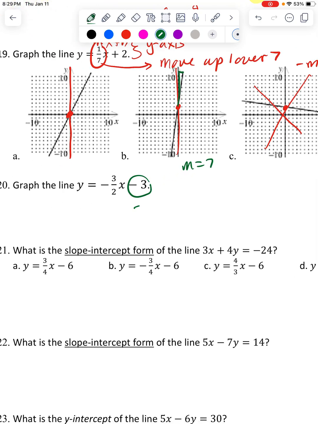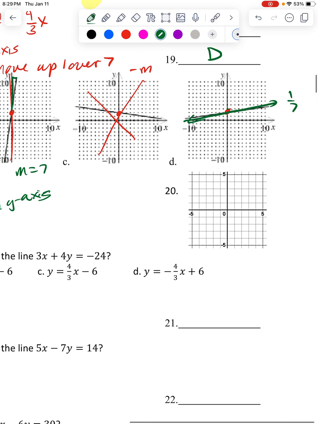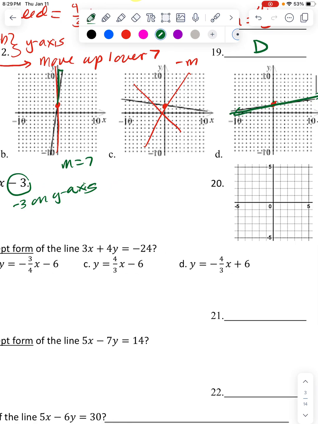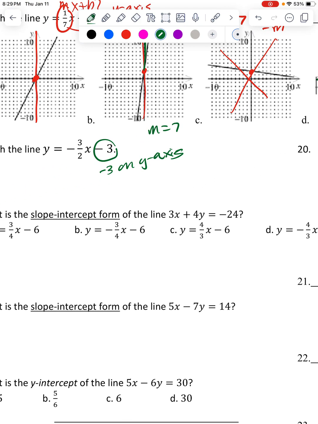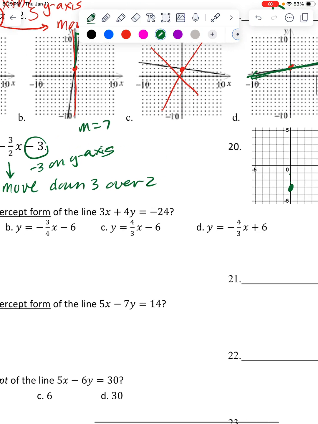All right, so this one's going to start at -3 on the y-axis. So I go to my y-axis, and I go to -3. So down 1, 2, 3. And then this m tells me how to move. So I'm going to move down because it's -3 over 2, and you're always moving to the right.